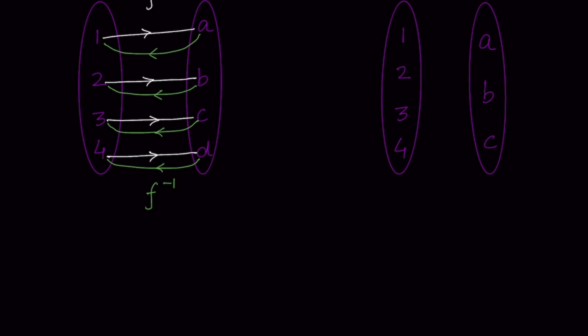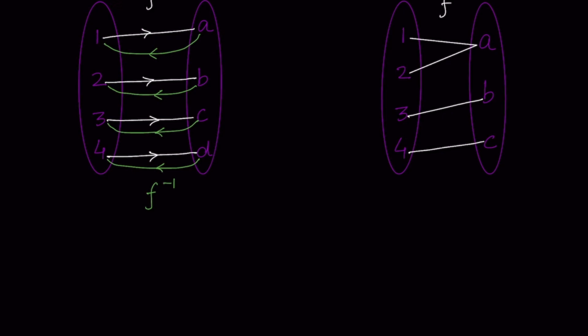If you observe here, the 1-to-1 condition is necessary. f needs to be 1-1. For example, if f is not 1-1, if 1 and 2 both are mapped to a, then f inverse will map a to 1 and 2 both.